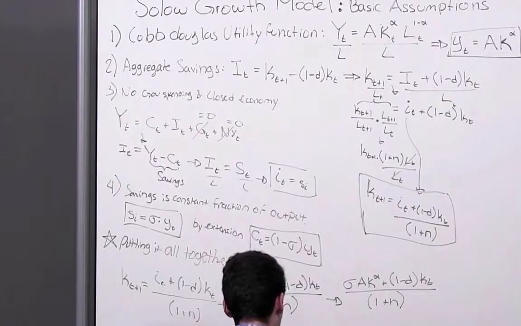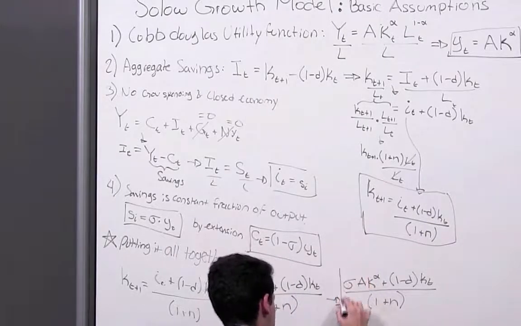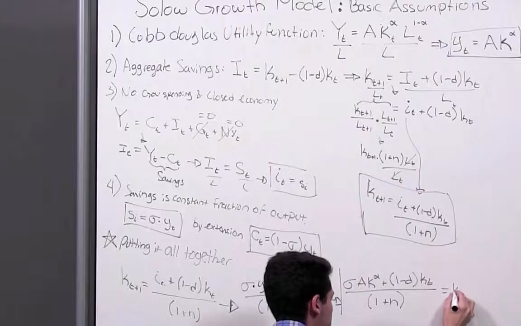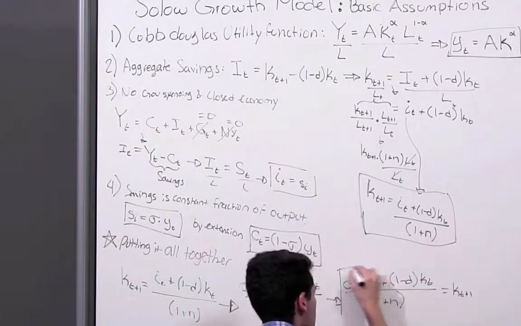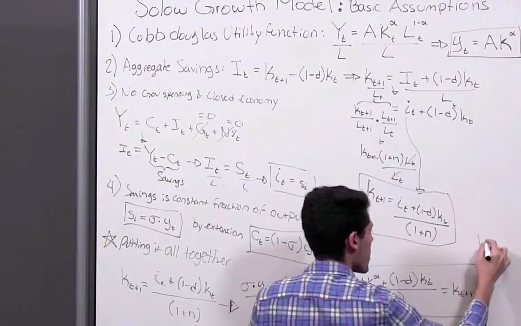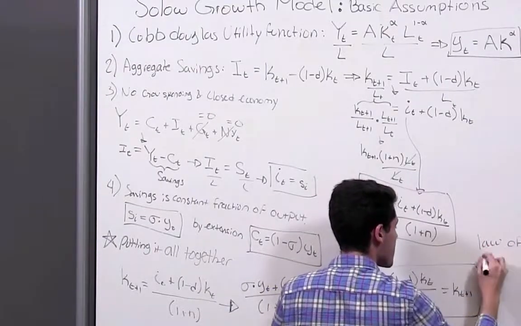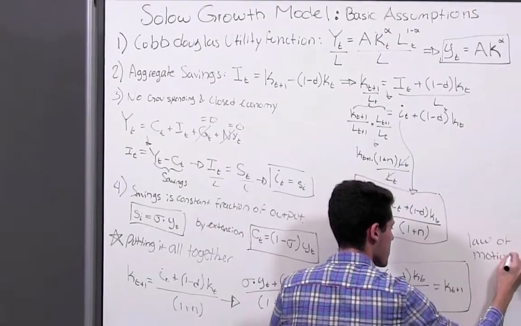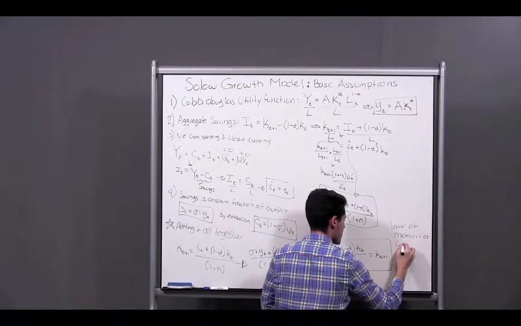All right. And what this right here is, this is all equal to k t plus 1. And this right here is our law of motion of capital.